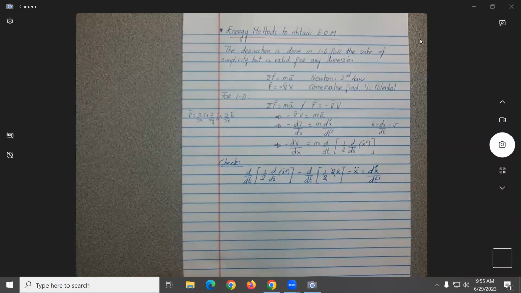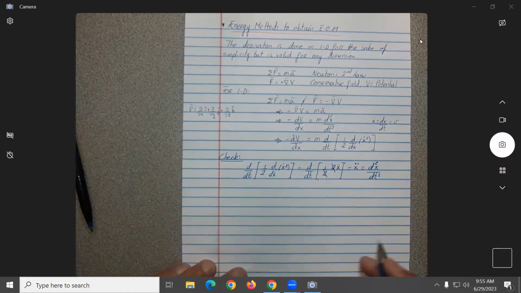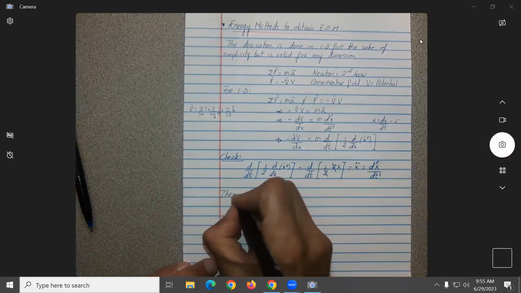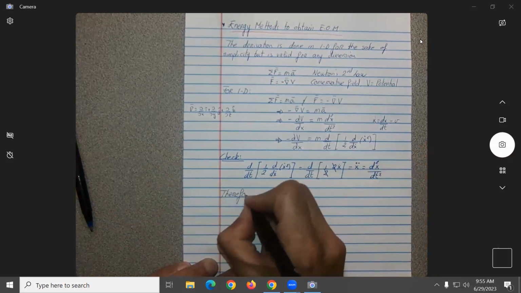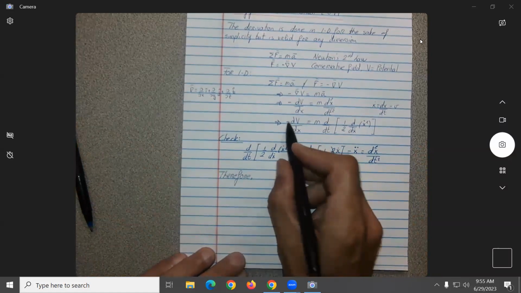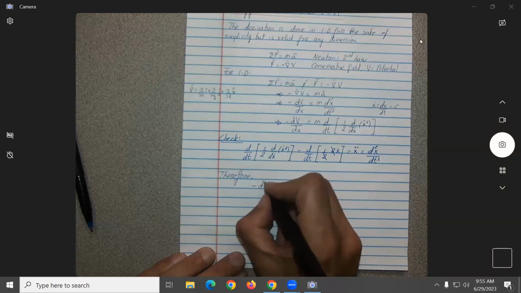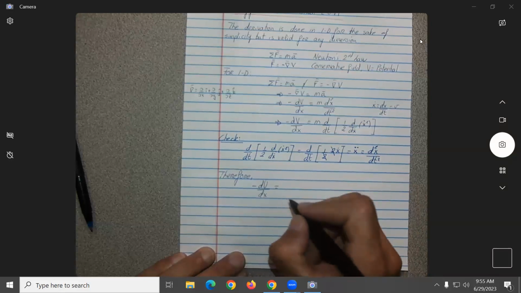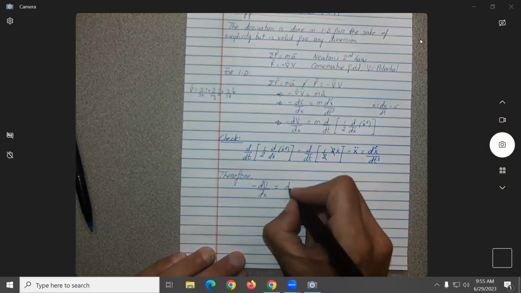Okay, so now I can just say here. Therefore, maybe I can write this way. We're going to have what? I'm going to rewrite this equation here. I have minus dV dx, which I can write as being equal to d dt.